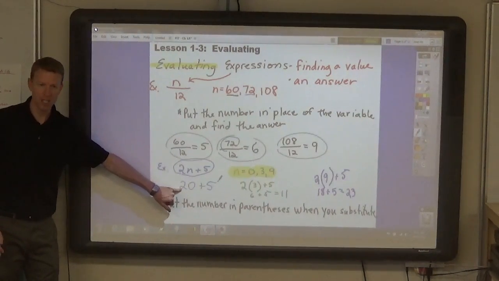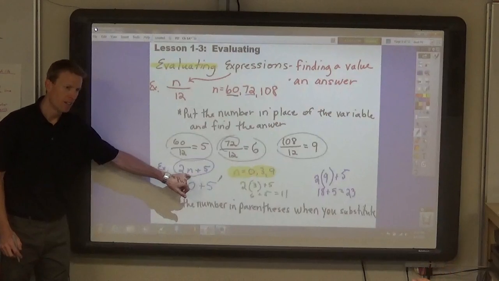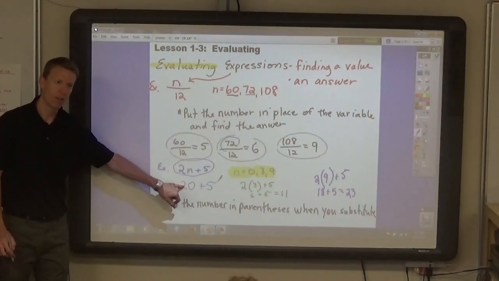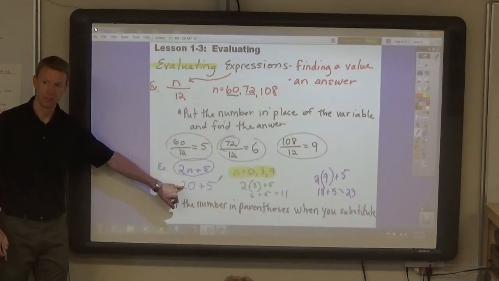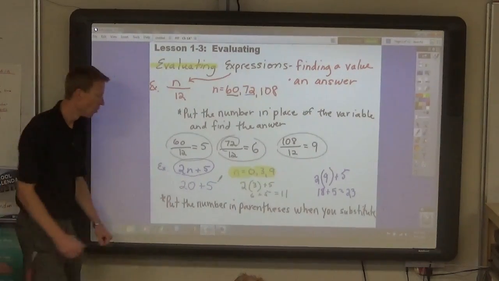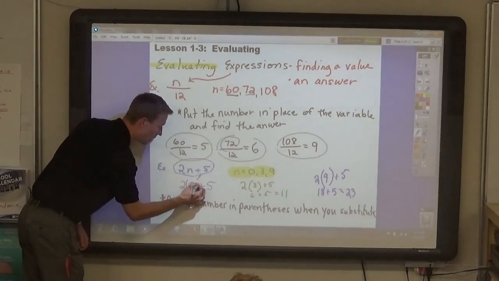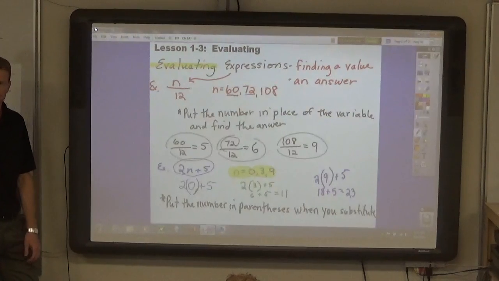So you have to put something in between when you're substituting in order to get that operation. We're not talking about the number 20, we're talking about 2 times 0.